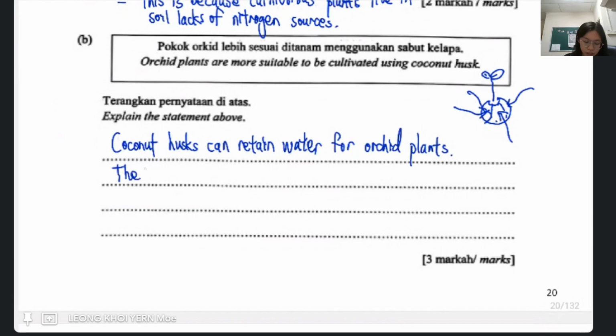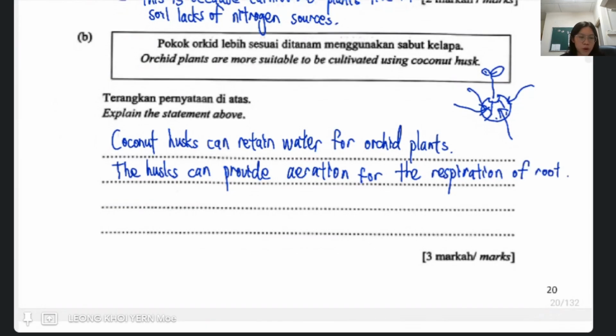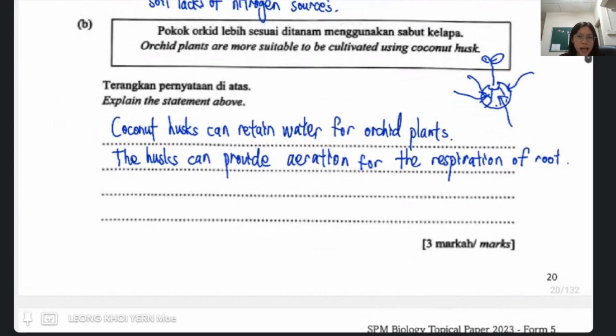The husk can provide aeration for the respiration of roots, because roots need oxygen for cellular respiration.